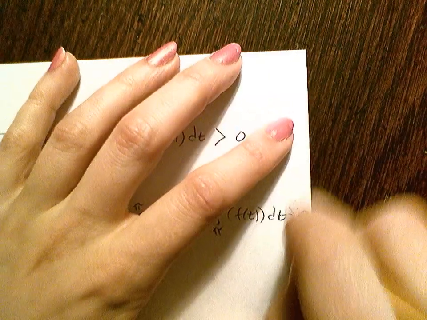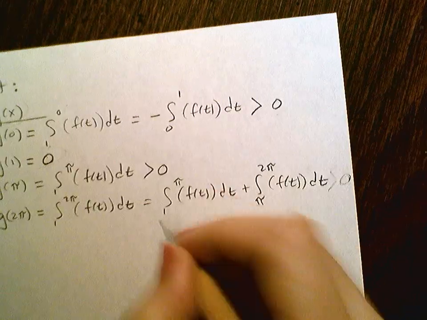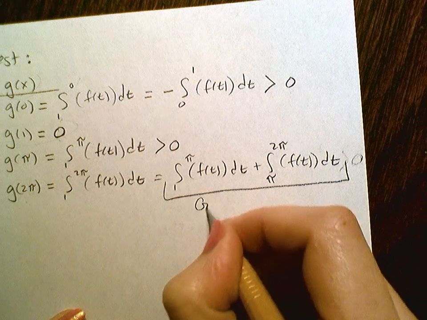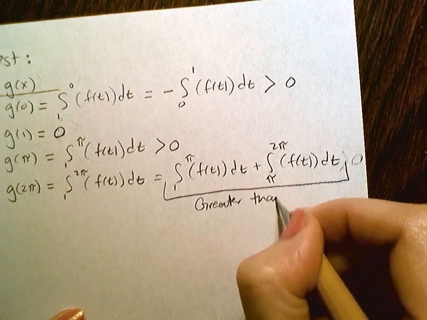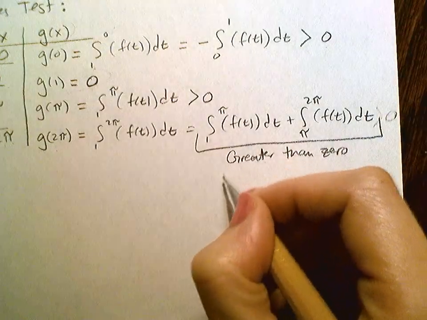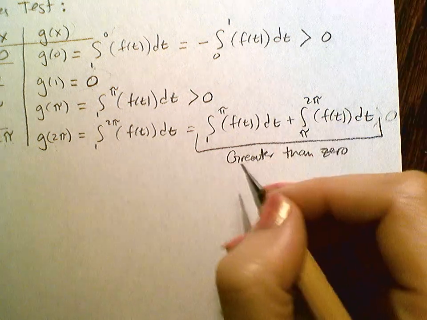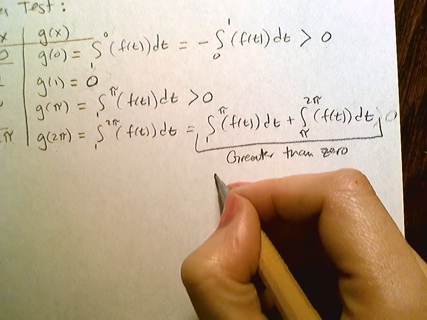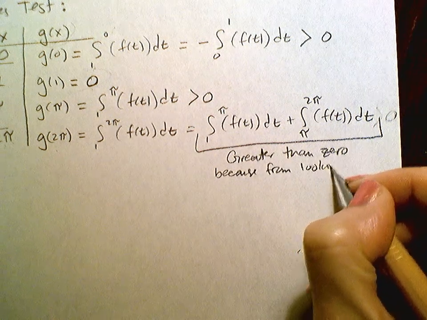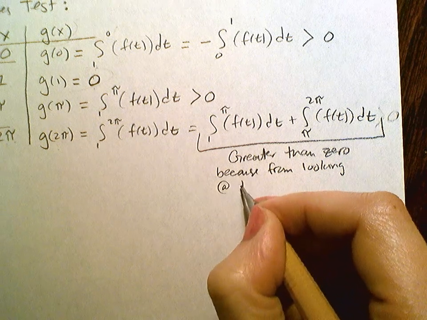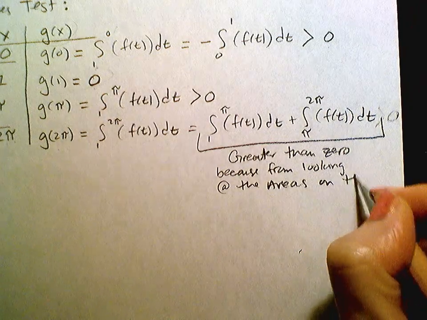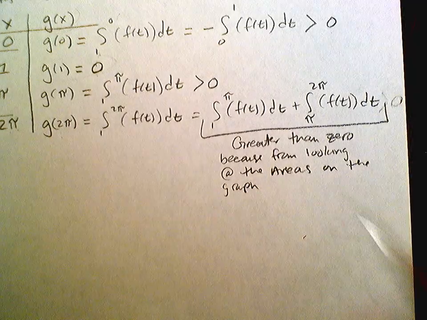That looks awful. You don't have to erase that, but I'll say greater than 0. Now we've got to justify greater than 0, because from looking at the areas on the graph.